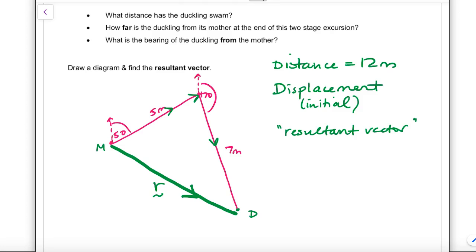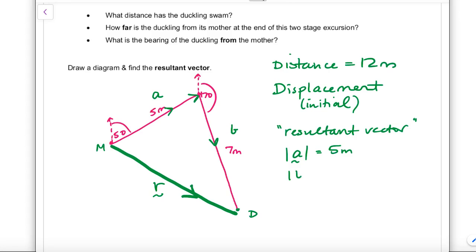We could call our first vector A and our second vector B. We can call the magnitude of A, and the magnitude is the size, and we put that in the 2 straight lines, and we can say that was 5 metres.